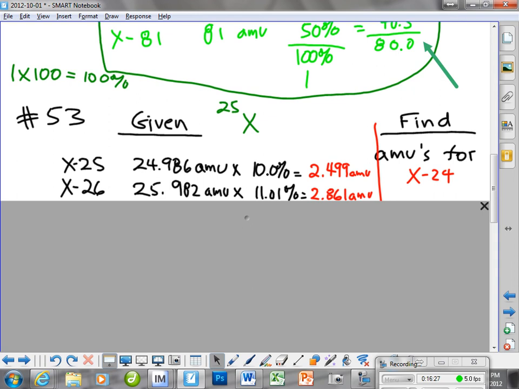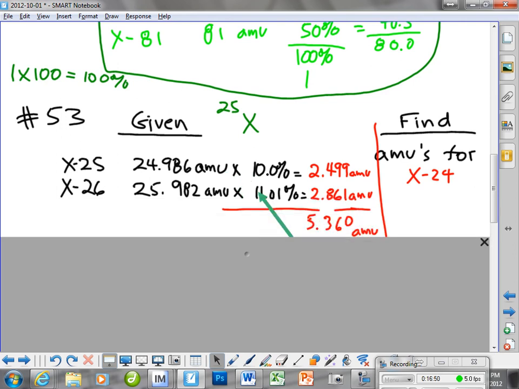Okay, down here we have X26, and you can see, just like before, we have a 9 here to the right of the decimal, so that makes this rounded to a 25, and a 9 here rounds this 25 to a 26. Now, we were told these abundances, 10% for this one, and 11.01% for this one.